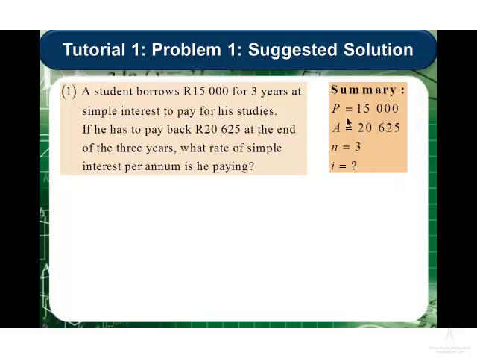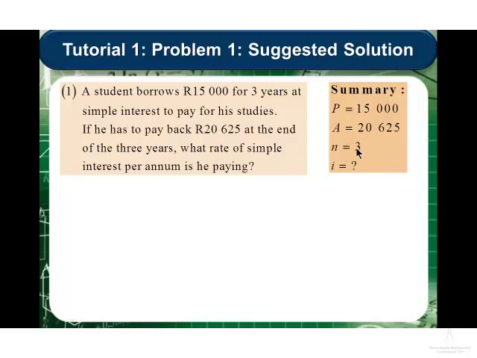In this problem we have the principal amount is 15,000 Rand, and we see that this amount has grown after 3 years to an accrued amount of 20,625 Rand. That is after 3 interest periods.